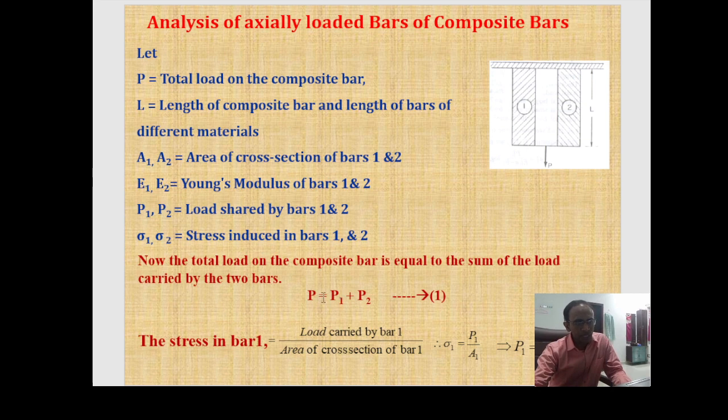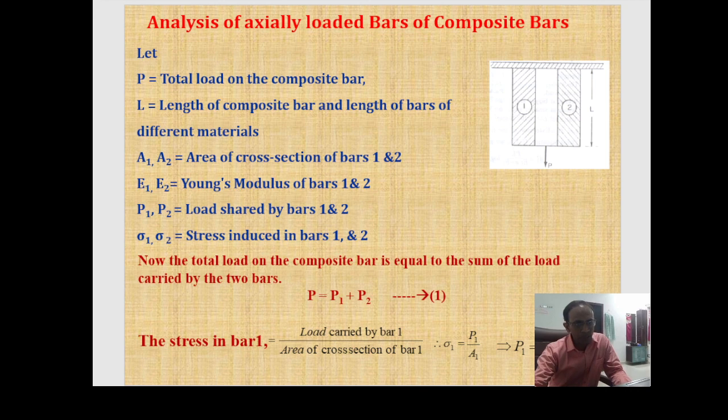So this same condition we can express explicitly in terms of loads. That can even be written as the load in terms of stress and cross-sectional area. So P1 may be replaced by sigma 1 A1, because we know stress is equal to load by area.